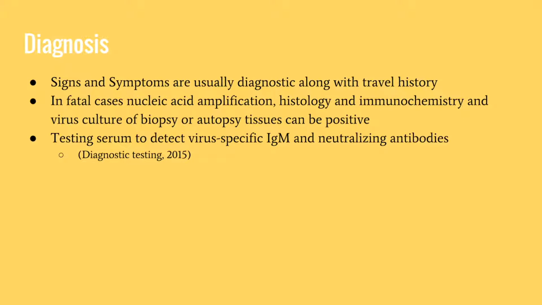In fatal cases, nucleic acid amplification, histology, and immunochemistry of virus culture, biopsy, or autopsy tissue can be positive, which will prove that the infected individual did die from yellow fever virus. And finally, testing the serum to detect virus-specific IgM and neutralizing antibodies are diagnostic in a living person to help confirm that it is yellow fever virus that is causing these problems.